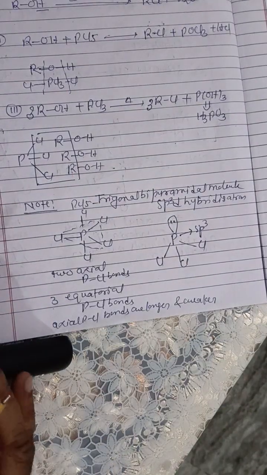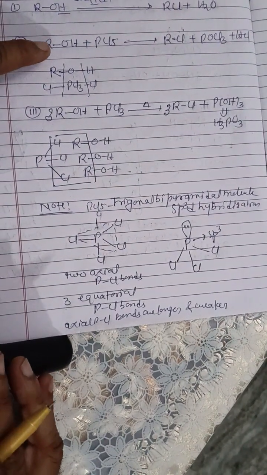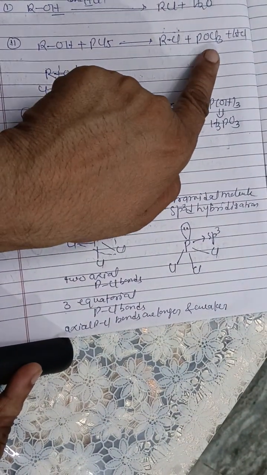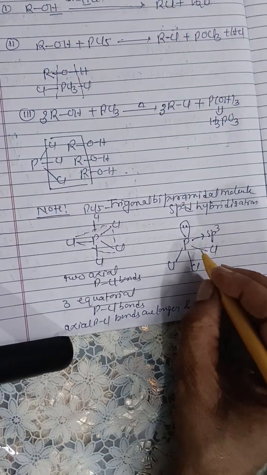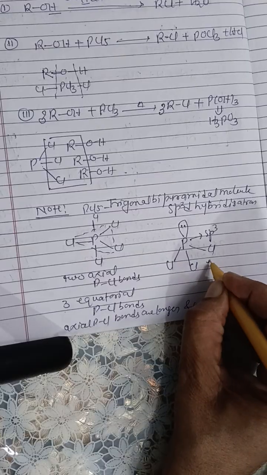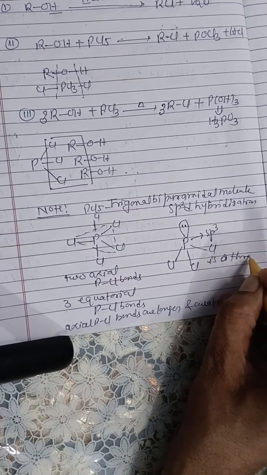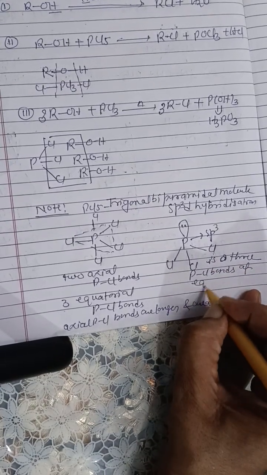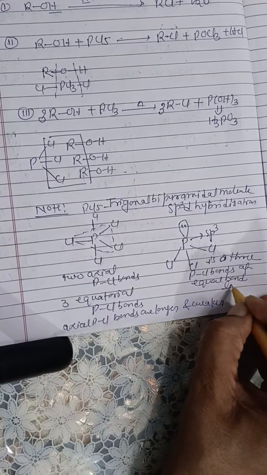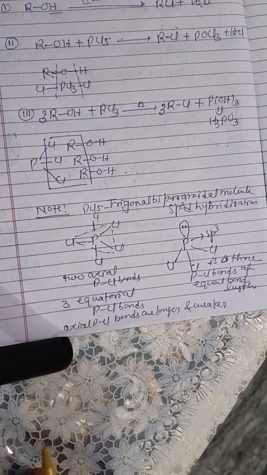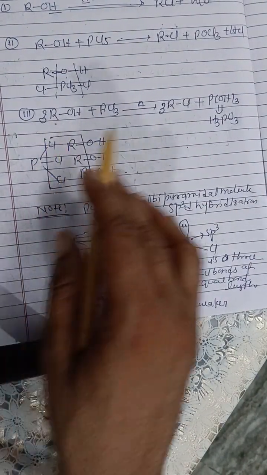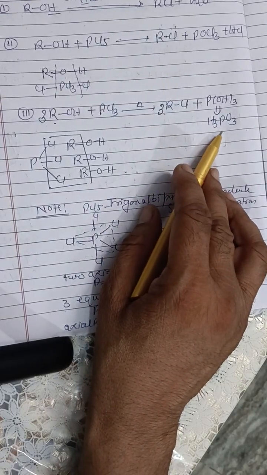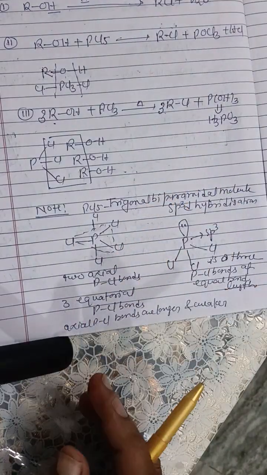That is why PCl5 combines with alcohol molecule to form RCl, POCl3 and HCl. While in case of PCl3, it has 3 PCl bonds of equal bond length. That is why it needs 3 molecules of alcohols to form 3 molecules of alkyl chloride, and H3PO3 will be formed as the byproduct of the reaction.